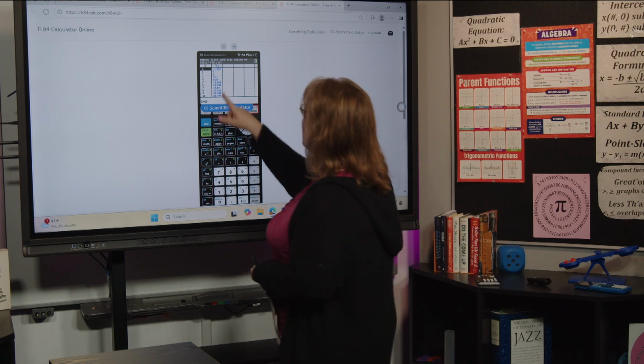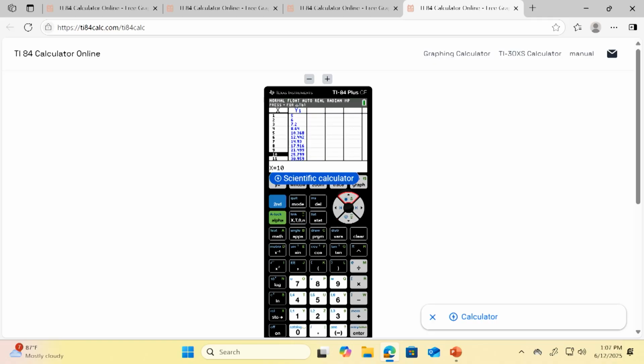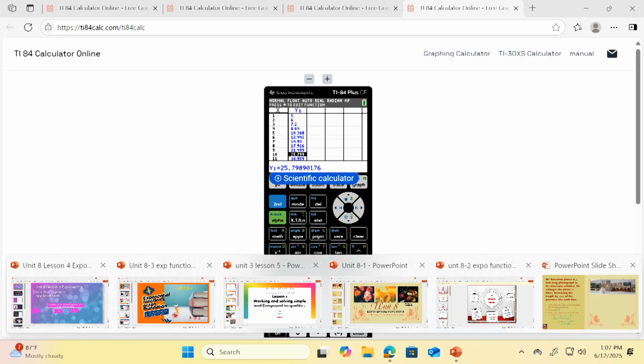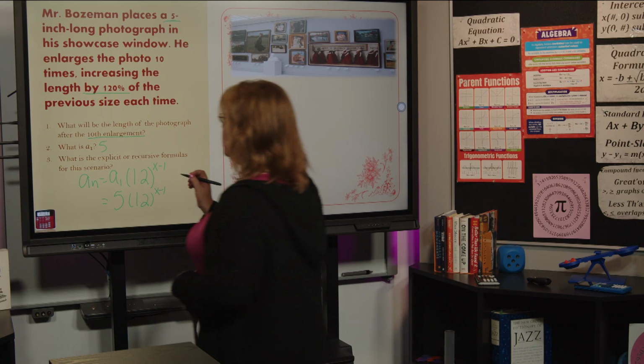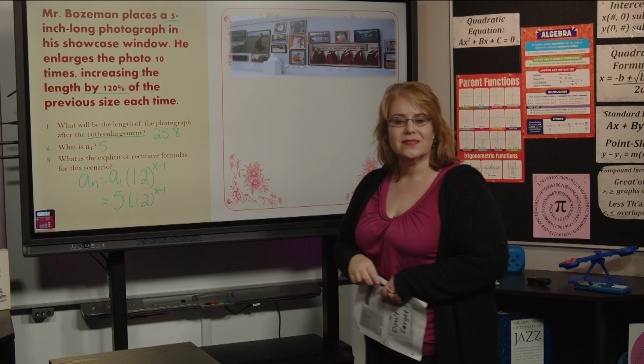So let's see. I'm going to go down to my 10th term, and I get 25.79890176. So let's just make this an easy number and say 25.8. So what we're going to put here is 25.8. And that's what we got.